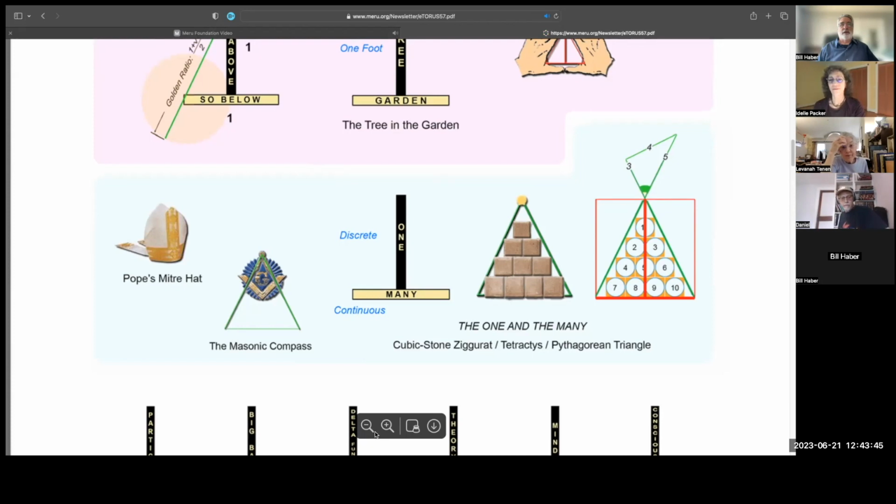Discrete and continuous. This has to do with the cubic stone ziggurat tetractys. This has to do somewhat with a pyramid, I believe. Okay, the deal behind this one is there is a very common image called the tetractys, which in general is represented as 10 dots or 10 spheres arranged in a triangular formation.